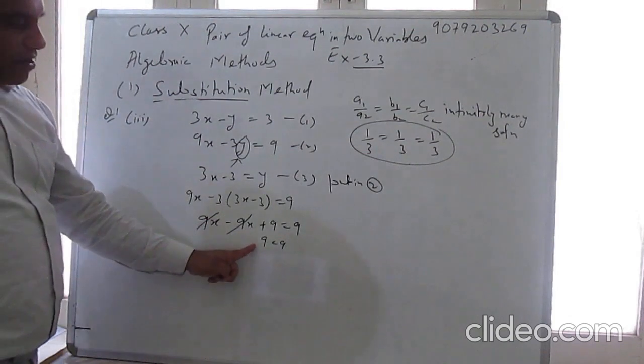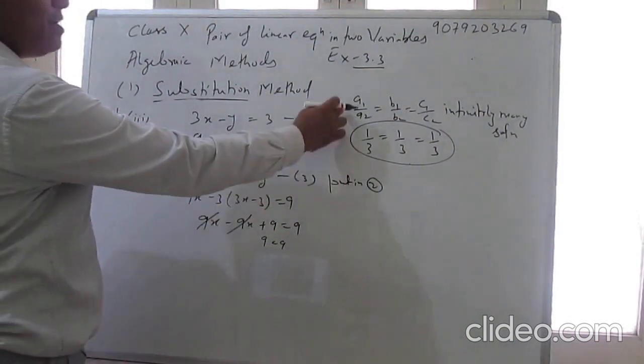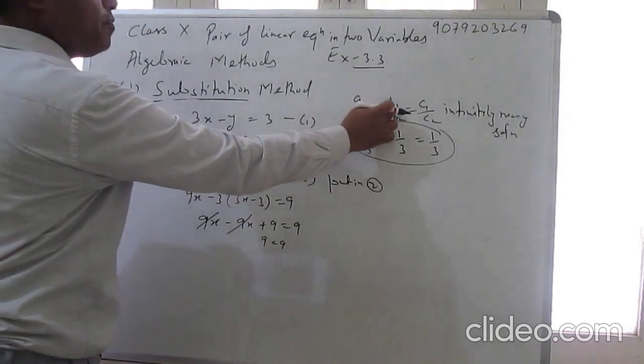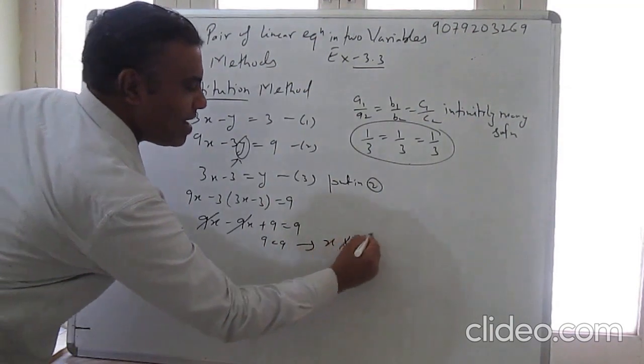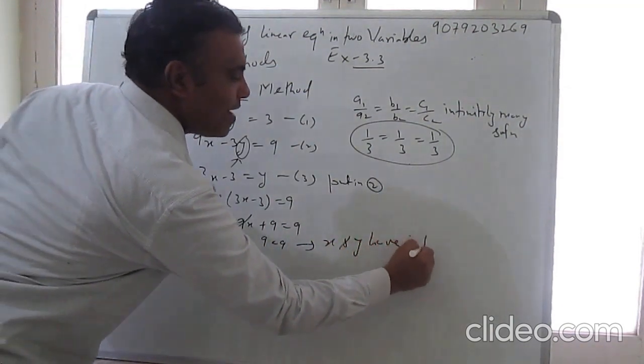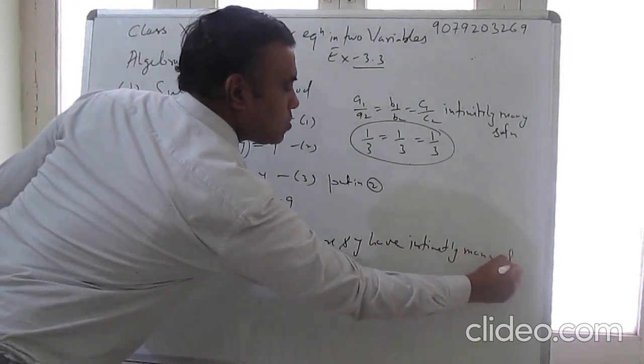Here we see that we are not able to find the value of x. So it is of this type, a1 upon a2, b1 upon b2, c1 upon c2. So x and y have infinitely many solutions.